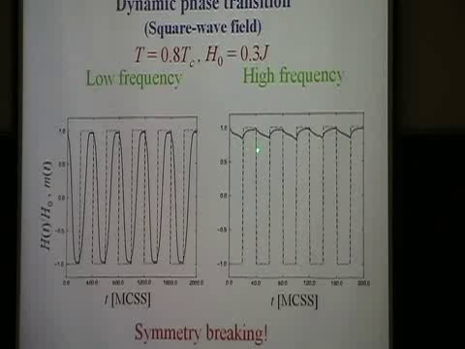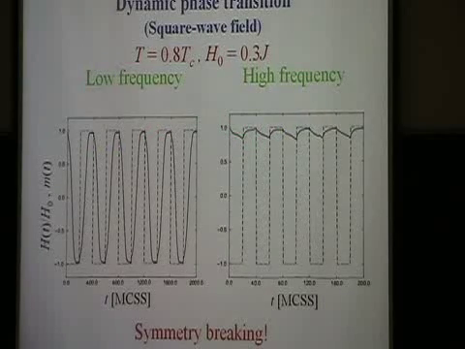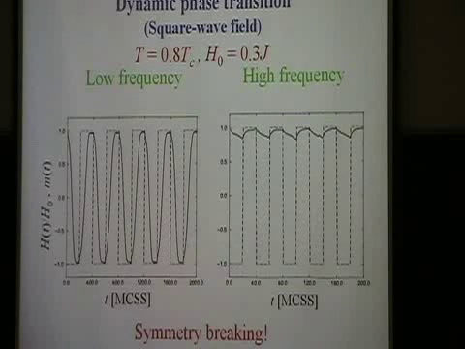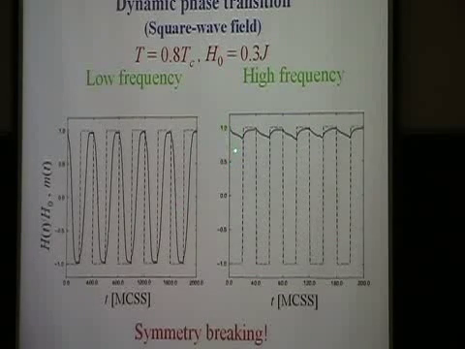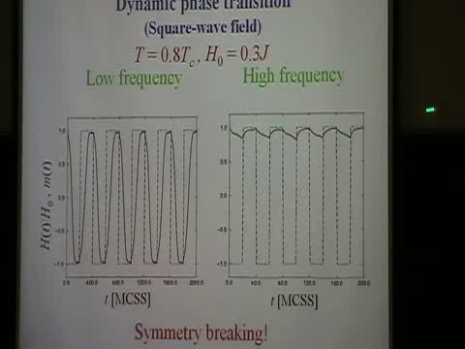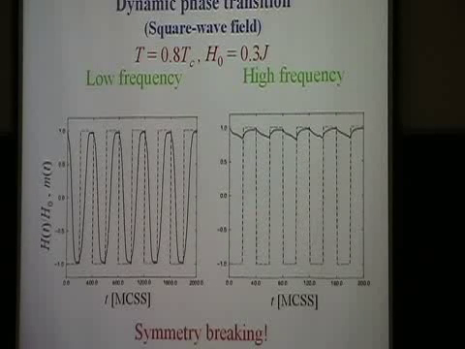At the high frequency, we have 10 times as high a frequency, the period is much shorter than the lifetime, and therefore the system by and large does not have time to switch. It just oscillates near the saturation magnetization.